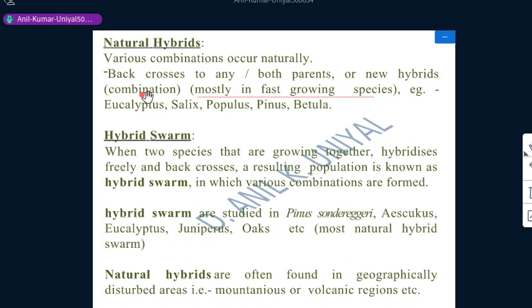Or when they cross among each other, or sometimes back cross to, or sometimes itself also, or other trees, then it gives rise to new or natural hybrids. So this is a simple theory about hybrids, new natural hybrids or hybrid swarms.